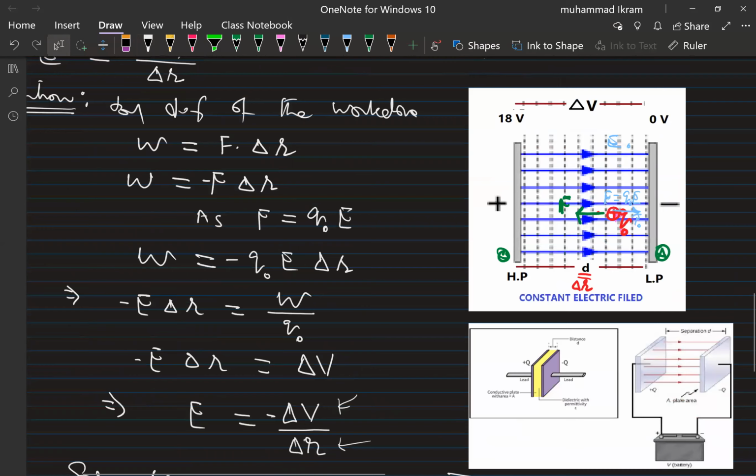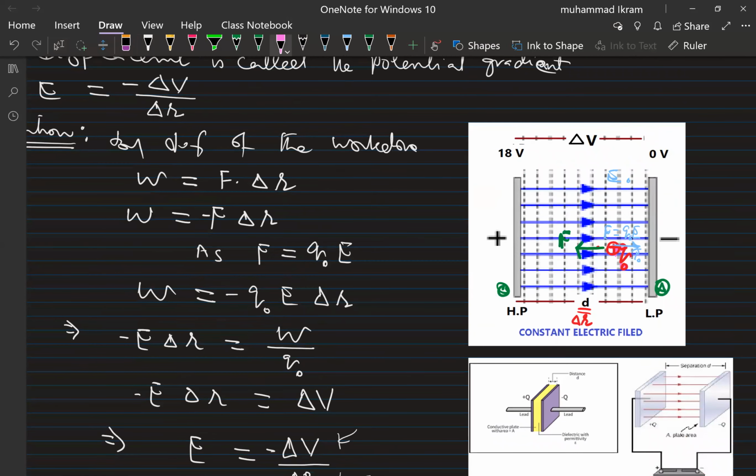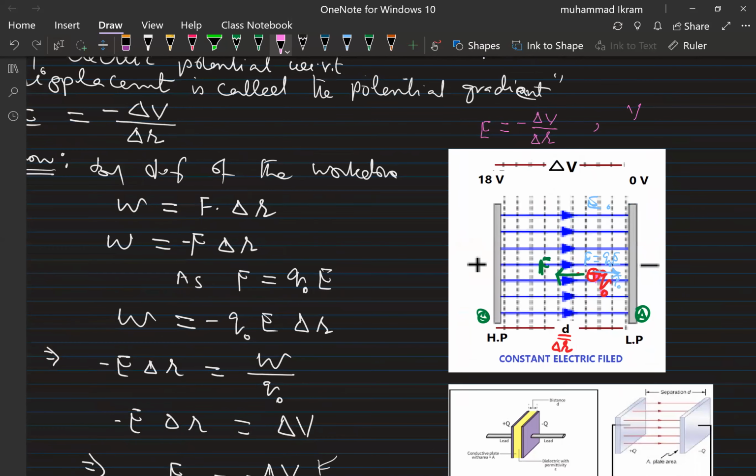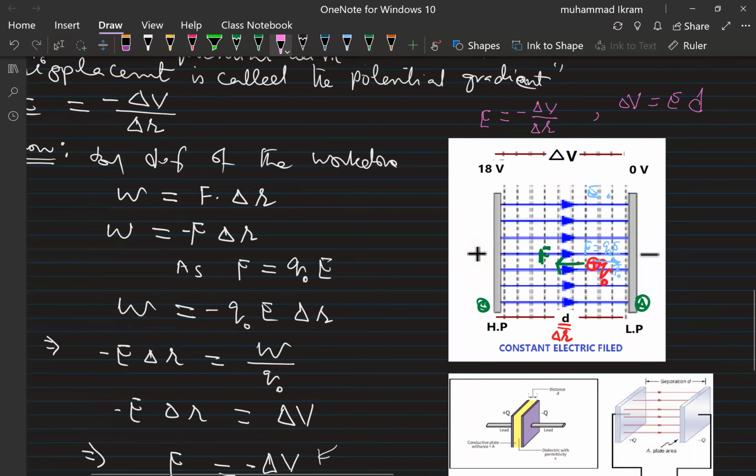First, the electric field intensity E equals minus delta V by delta R. Another one: delta V is equal to E into D. As I told you, the electric field intensity is the same everywhere, but it is not necessary that the electric potential will also be the same everywhere inside the plates A and B in this region.